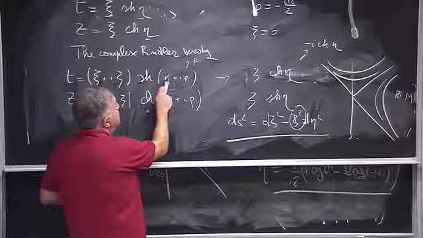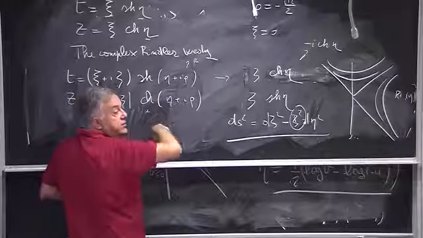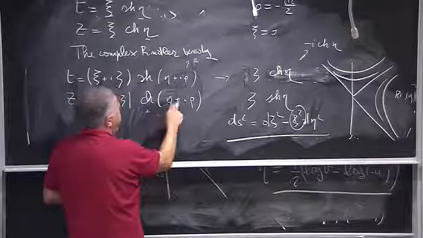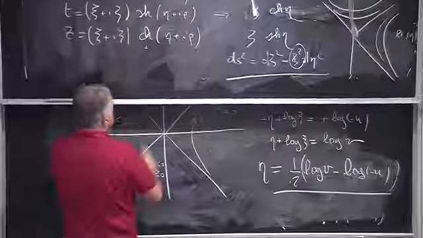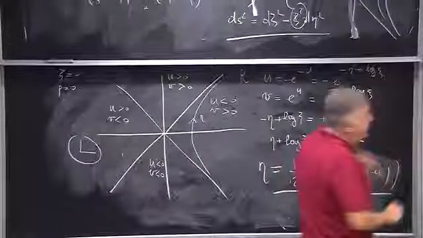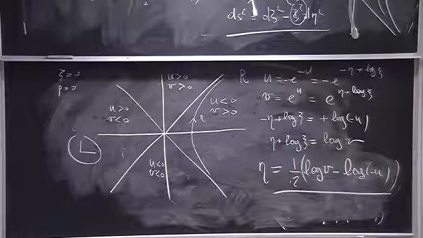S hash of eta plus E pi is minus S hash eta. C hash eta plus E pi is minus C hash eta, means that if you take, this is an extremely important observation now, is going on here.